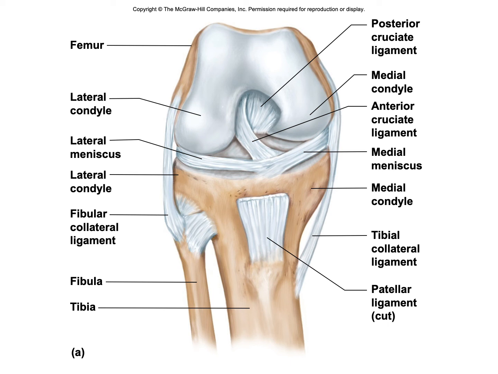Tibial collateral ligament, or MCL, connects the medial condyle of the femur to medial condyle of the tibia. And fibular collateral ligament, another name for LCL, is located between lateral condyle of the femur and the head of the fibula.